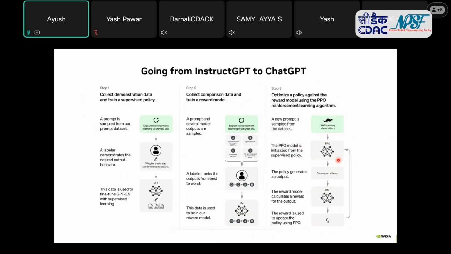This is the reinforcement learning algorithm. As I mentioned, you want to generate more aligned output, and ensure that the output generated by your supervised fine-tuned model is scored higher than the other outputs that could be generated at a different temperature or different configuration.